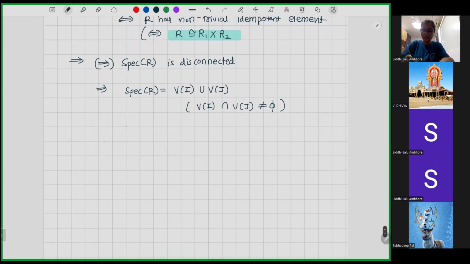But this V of I union V of J, since V of I intersection J is empty, yes, they are closed sets in Spec R.